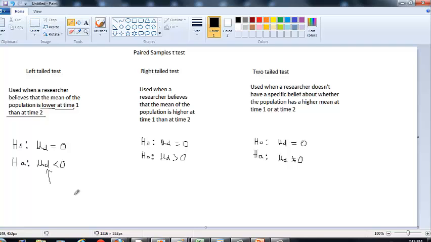Well, if the mean of the population is lower at time 1 than at time 2, meaning the mean of the population is 30 at time 1, and the mean of that same population goes up to 40 at time 2, which means the population mean has risen or gone up, it means that the difference between time 1 and time 2 is below 0.